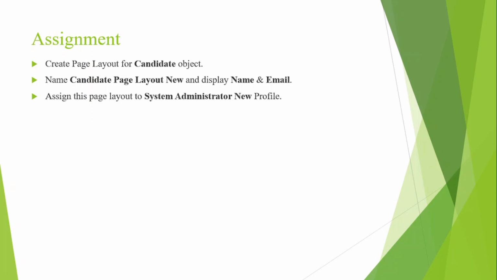Now we are going to create our own page layout, Candidate Page Layout New, and display the fields name and email. On this page layout we are going to display the name and email fields only. Assign this page layout to the System Administrator New profile, which we already created in the profile session.